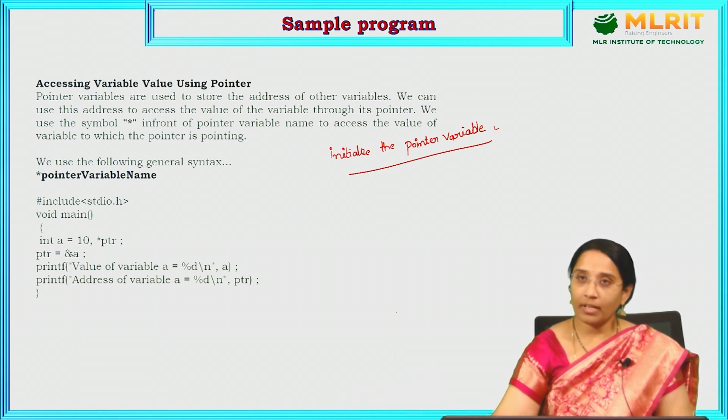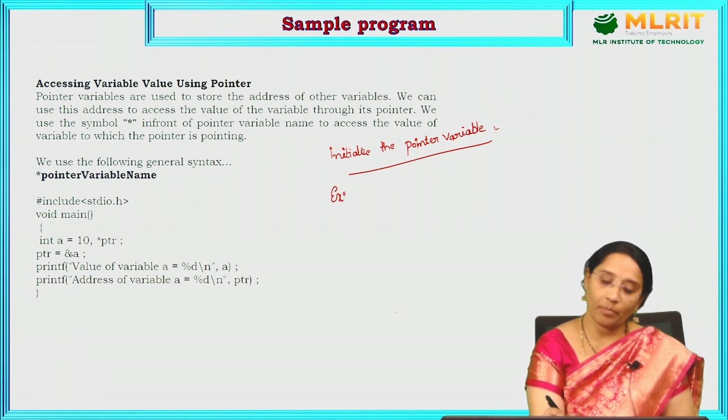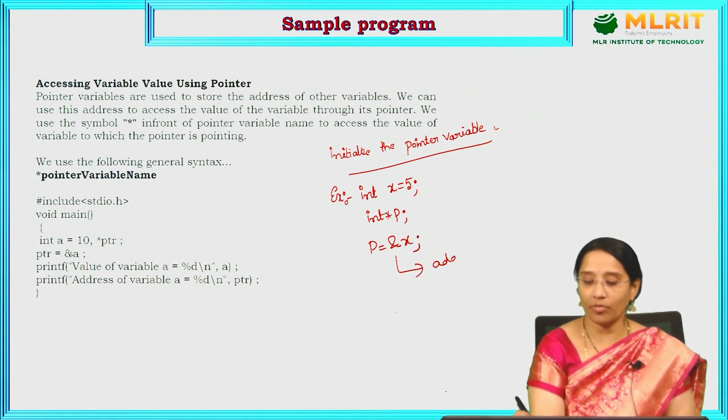So let's see how to initialize a pointer variable. Let's consider one more example here. int x equals 5, int pointer P equals address of x. So this is the address of operator.